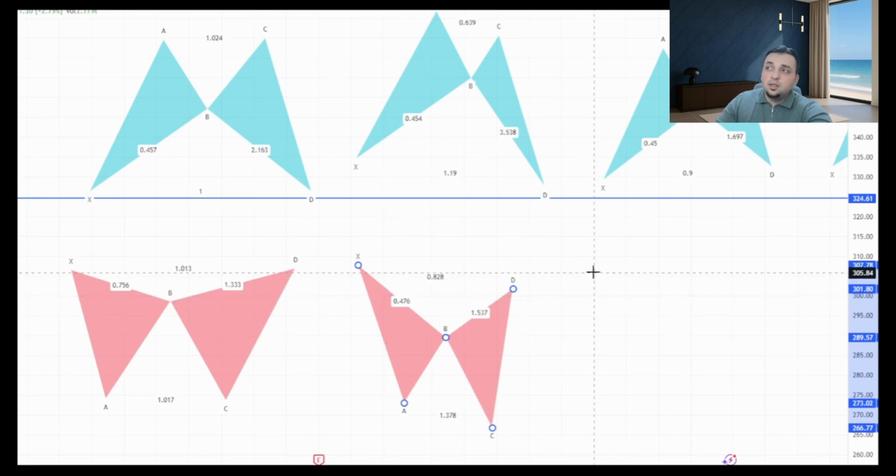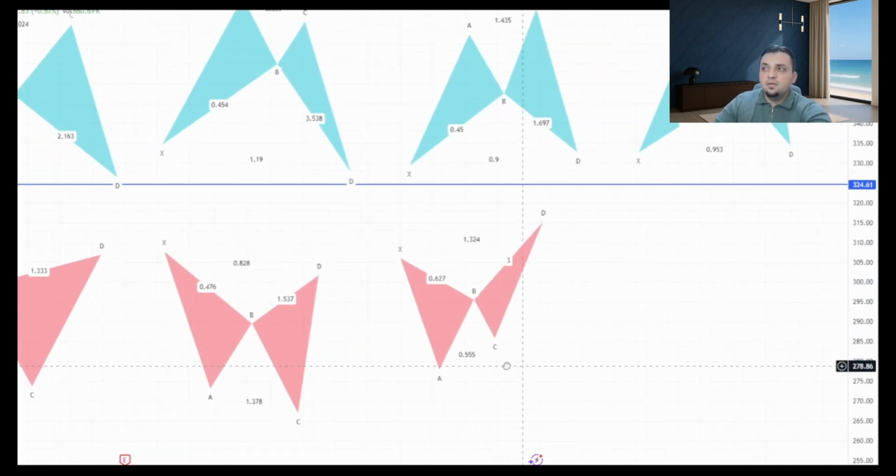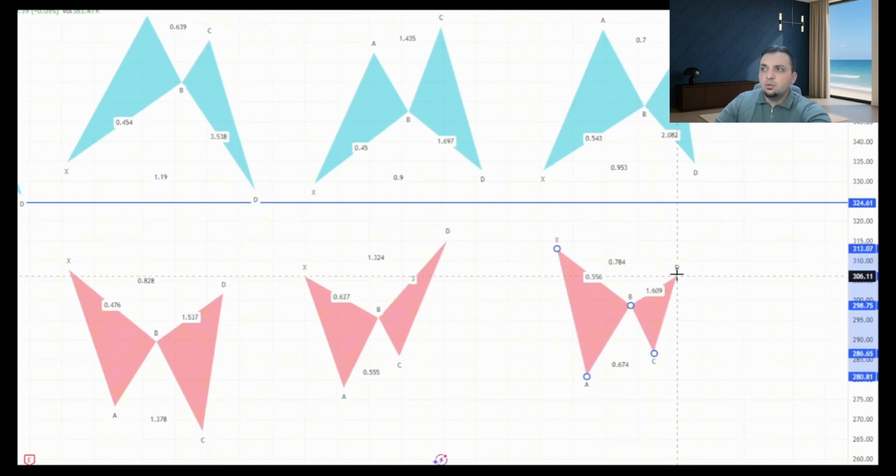The third one is X to A to B, B to C, and C to D. It created a higher high between X and D, and a higher low between A and C. And the very last one is the same, only vice versa. X to A to B, B to C, and C to D created one lower high and one higher low.